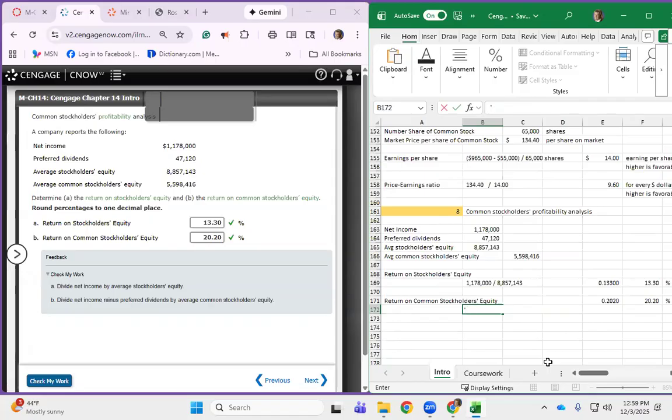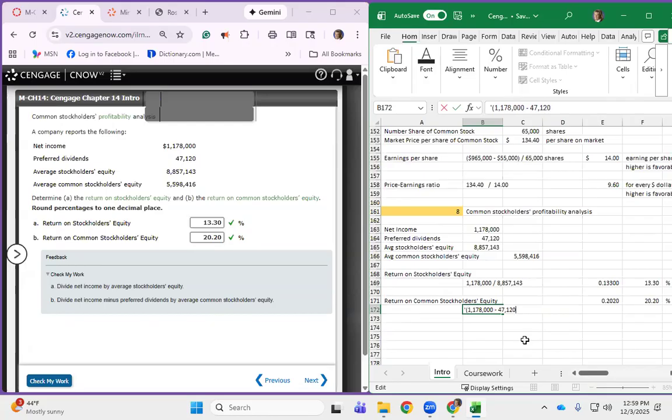We are going to put in net income, 1,178,000. And then we're going to subtract 47,120, and we're going to put that in parentheses so we know how much that amount is.